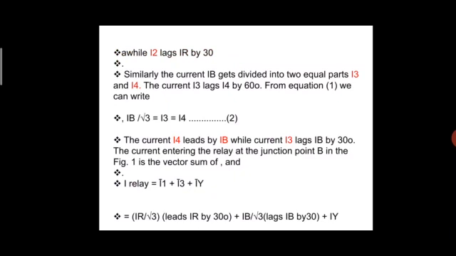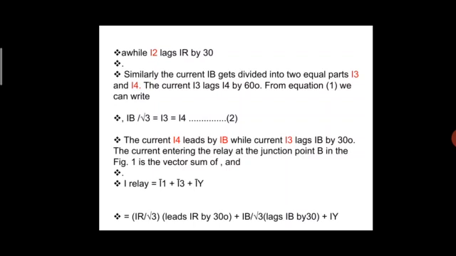From equation 1, we can write IB by root 3 is equal to I3 is equal to I4. The current I4 leads IB while current I3 lags IB by 30 degrees.